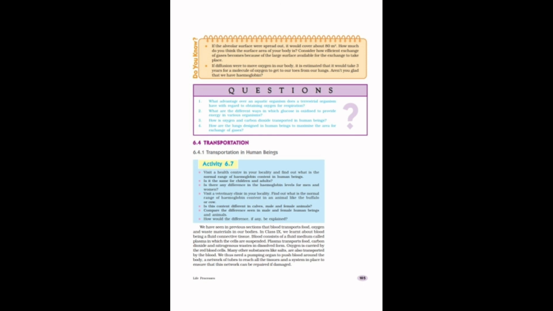Oxygen is carried by the red blood corpuscles. Many other substances like salt are also transported by the blood. We thus need a pumping organ to push blood around the body, a network of tubes to reach all the tissues, and systems in place to ensure that this network can be repaired if damaged.